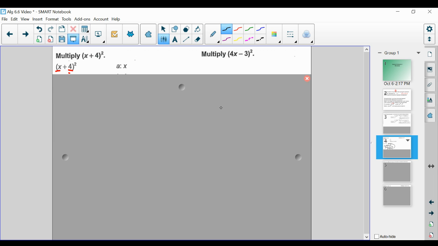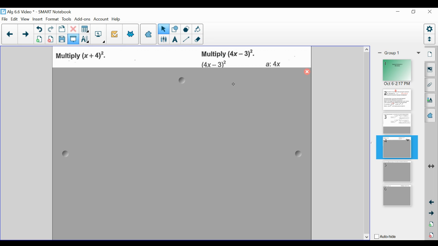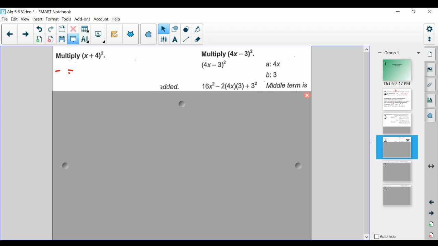All right, on the right-hand side of your guided notes, we're now going to multiply 4x minus 3 squared. So we first want to identify what is our a term, what is our b term. A is the first, which is 4x. B is going to be 3. We're going to square a, so that's 4x squared, so that's 4x times 4x. 4 times 4 is 16. X times x is x squared.